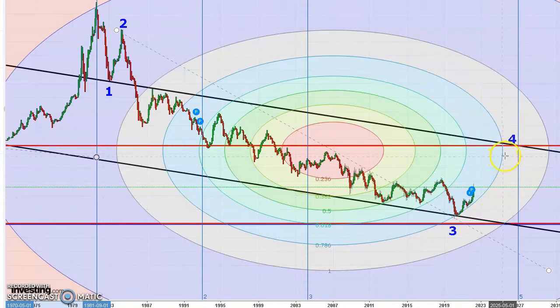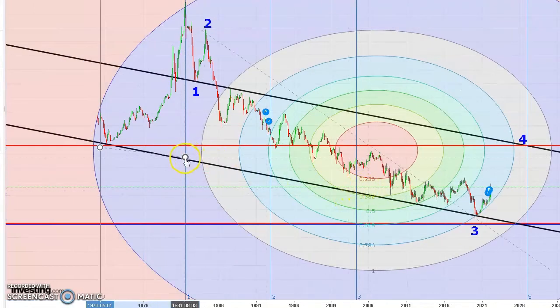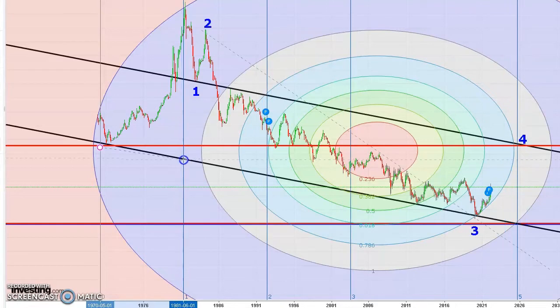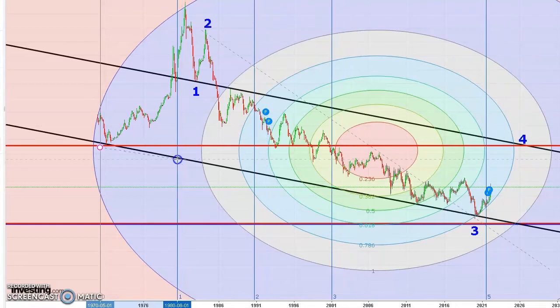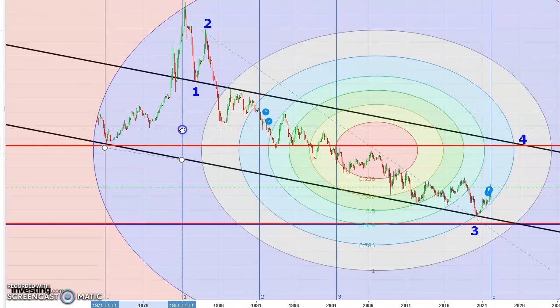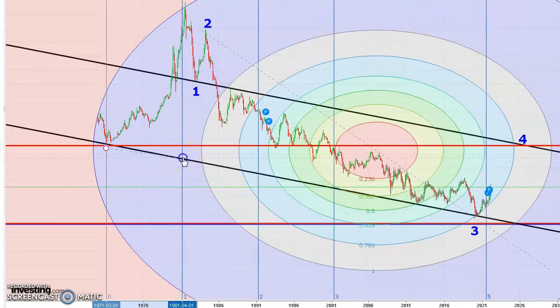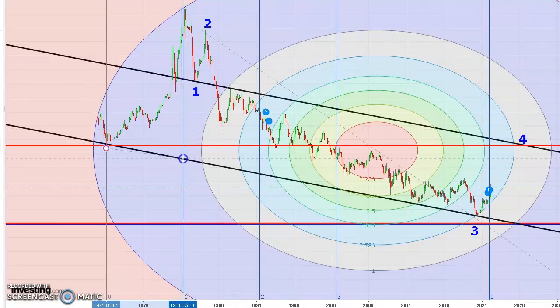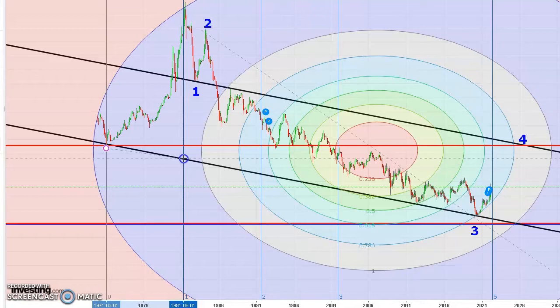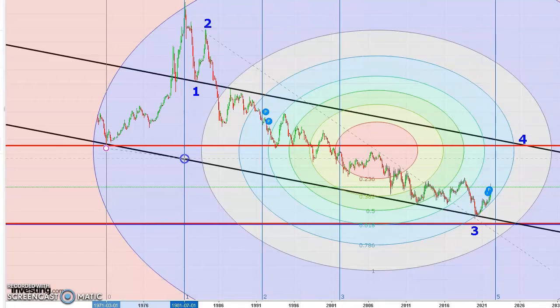Well, I'm looking at something I've mentioned in the past called the Fibonacci time expansion. Anything that can be measured with a pattern can move in what's called Fibonacci time extensions and sequences.